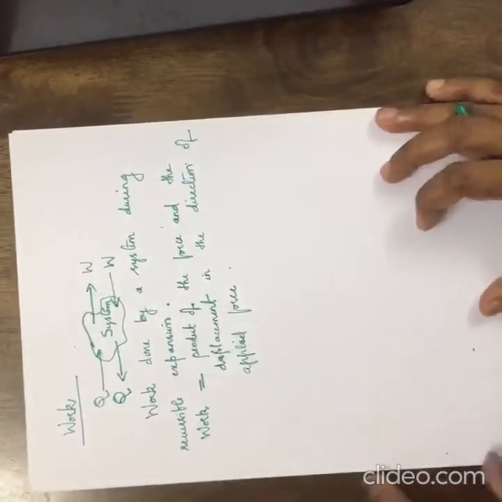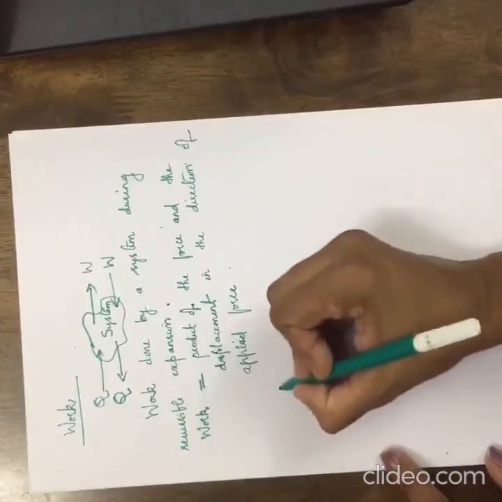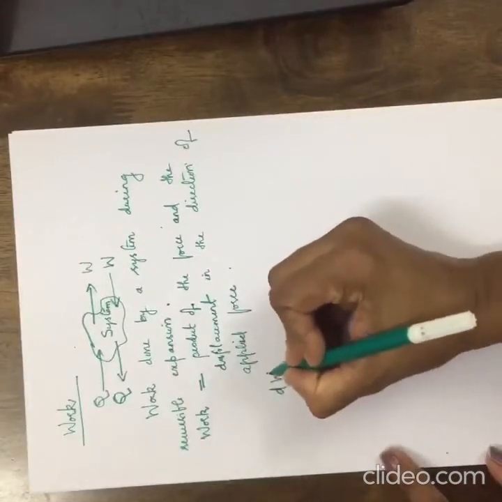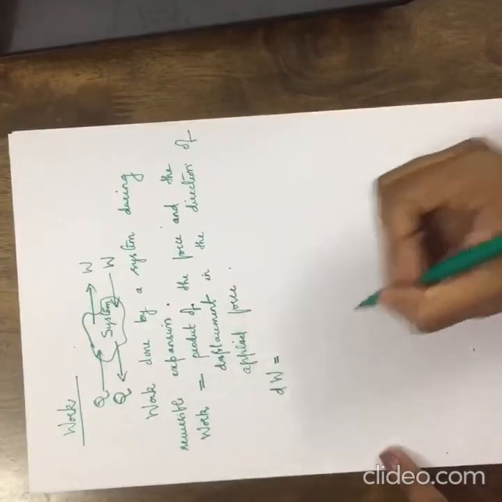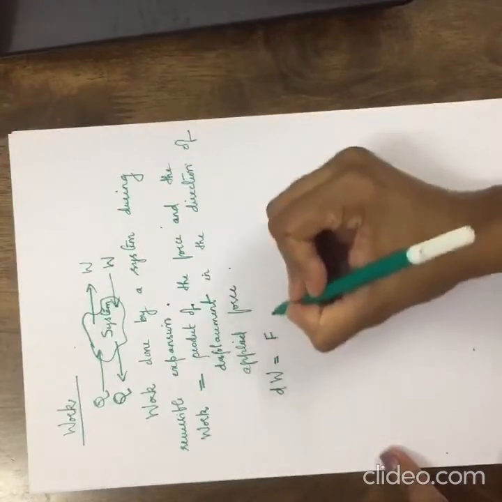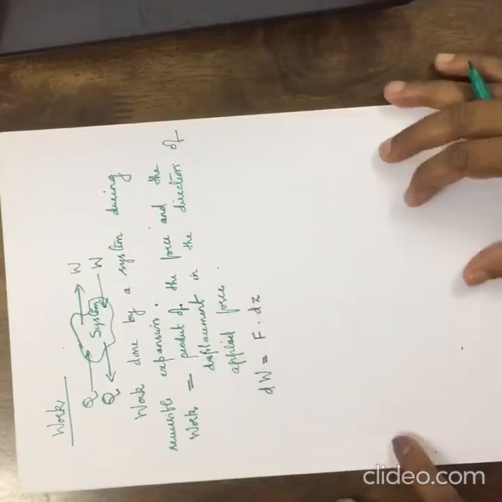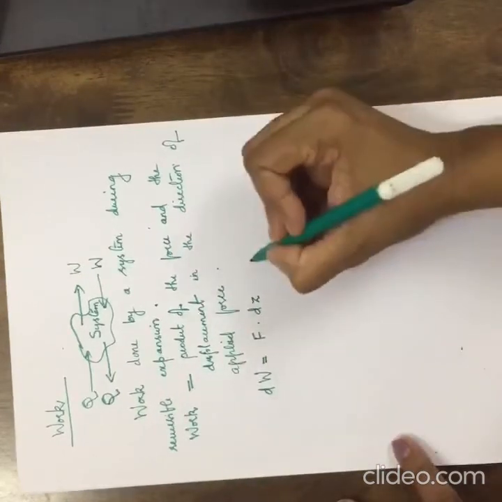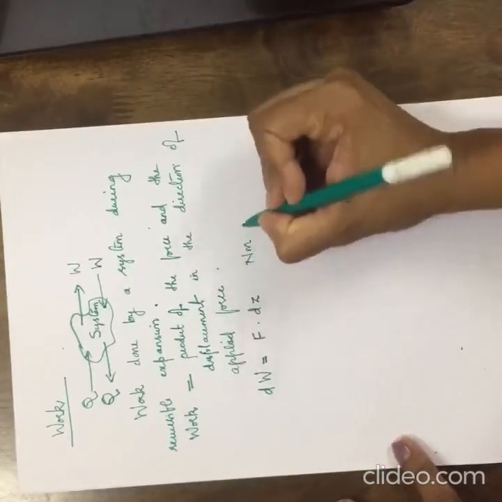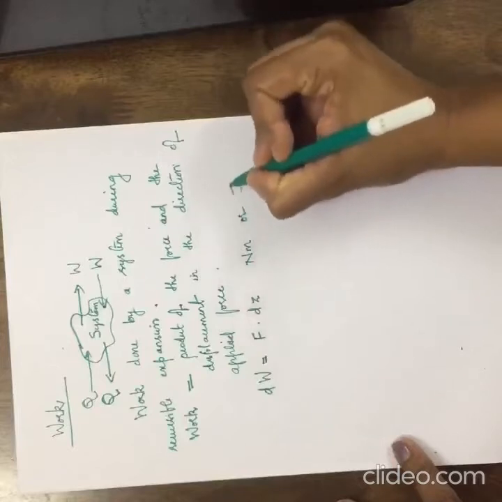Mathematically, we can state it as dW is equal to F dz, in newton meter or joule.